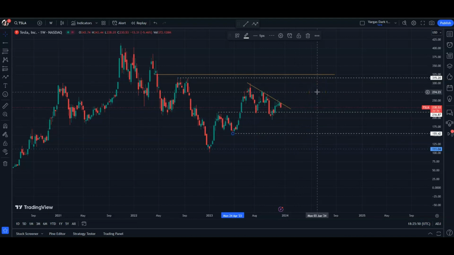The reason why you want to wait: if you get an actual test of S1 and you see the market coming right back down to it, the likelihood of it going back to S2 is actually pretty high, right? Remember, trading is, at least for me, about probabilities. What is the probability that I'm going to win this trade and the setup? I can't give you a specific percentage, but to be honest with you, what is the likelihood of this trade actually going my way, right?